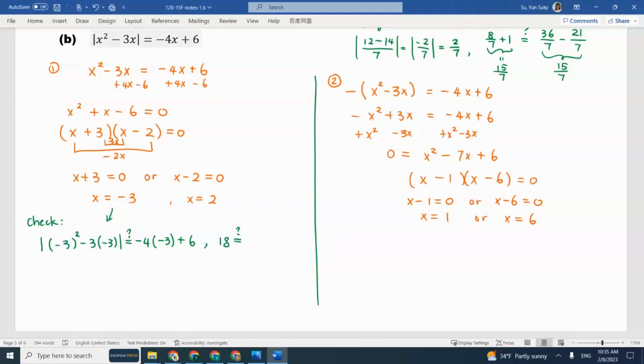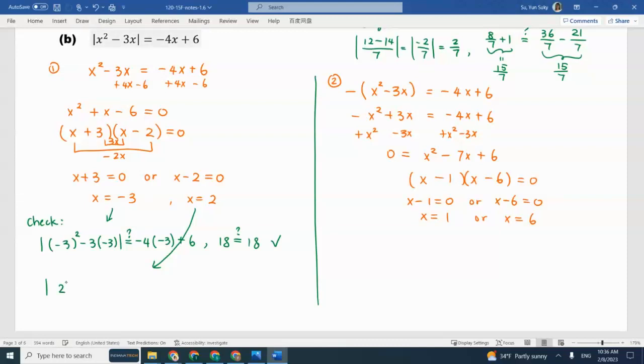Next student. What is negative 4 times negative 3? 12. 12 plus 6, 18. Ooh! Do you see we have 18 equals 18? Yes. X equals minus 3 is a solution. Let's check the other one. X equals 2.